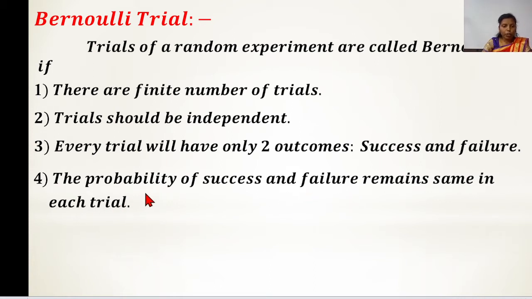That is, if a coin is tossed one time, then the possible outcomes are first head, second tail. And also if the coin is tossed a second time, then the possible outcomes are first tail, second head. Then there are two probabilities, and the probability of each outcome is 1 by 2, means that the probability of success and failure remains the same in each trial.